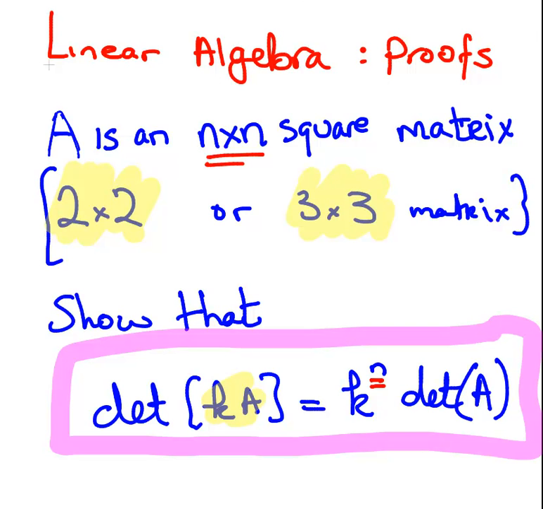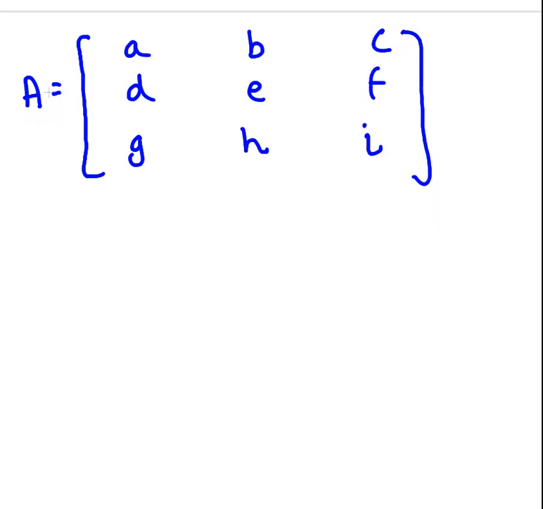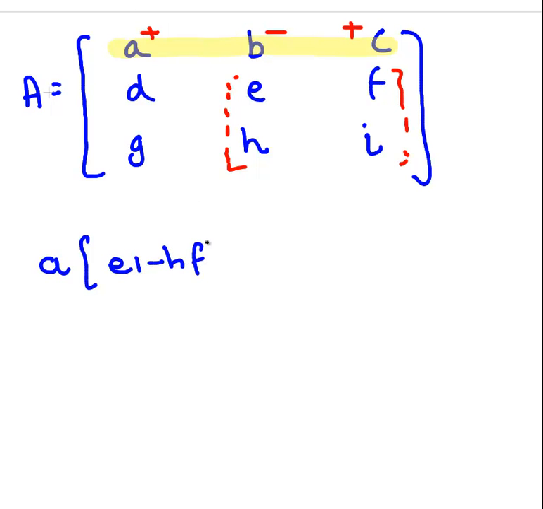What we're going to do is get an expression for the determinant of A. I'm going to do this very quickly. Essentially, we take the top row, or any row, but I'm going to take the top row, and that is in a plus position according to the sign array: plus, minus, plus. So it is A times the determinant of its submatrix, which is E times I minus H times F, so EI minus HF.